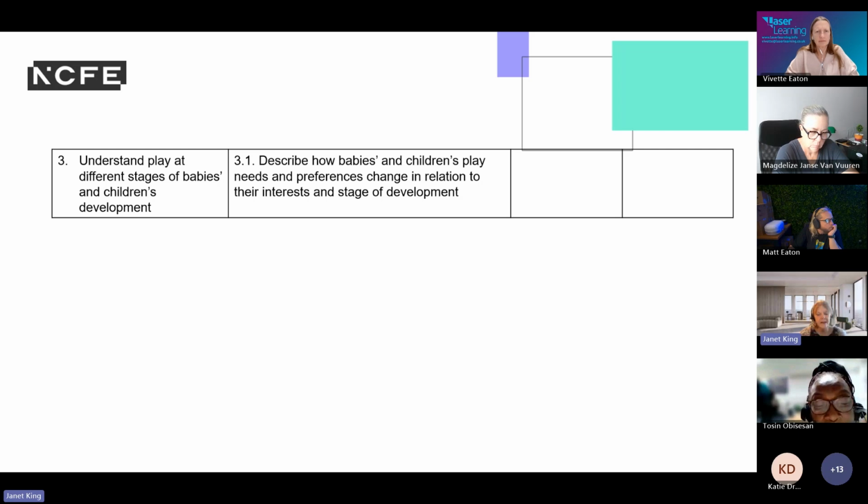So thinking about what stage of play, what's important to that child or that baby, what's going on. We're always wanting to be child-centered, and that's really important. So how do we do that? How do we know what a child's interest is, what their stage of development is? Linking it maybe to observation and Unit 8, for example.